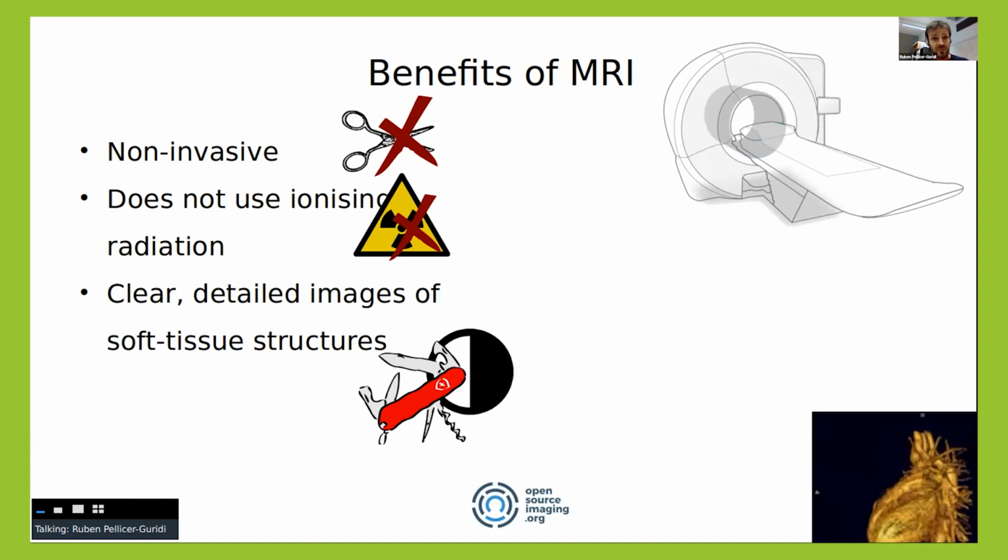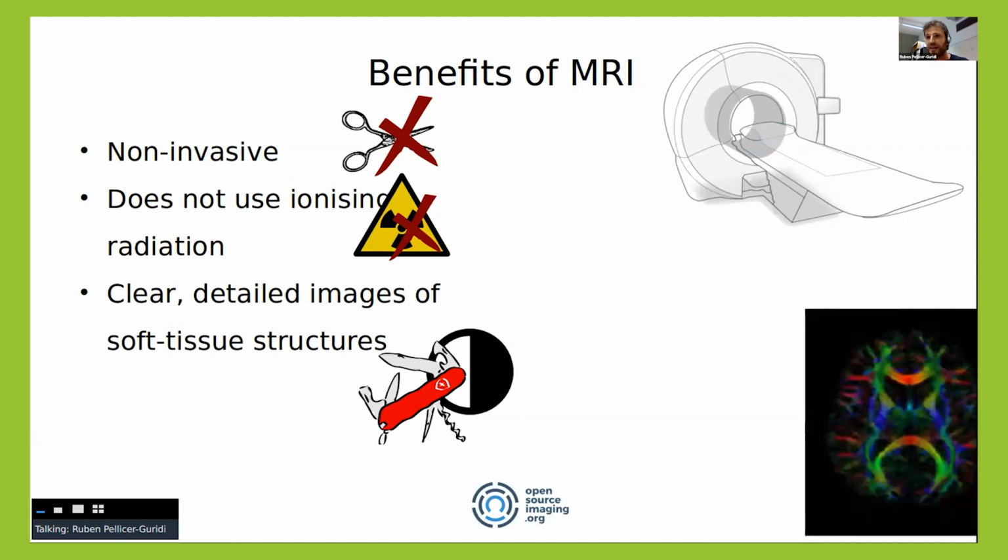But there are more exotic applications for MRI that often are not used because the machine is fully booked. They are very expensive. For example, we have cardiac or blood vessel imaging, and we have also diffusion tensor imaging that informs of the connectivity of the brain for scientific purposes, and also for diseases.